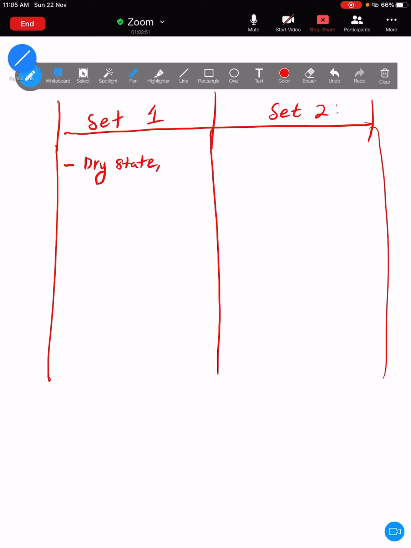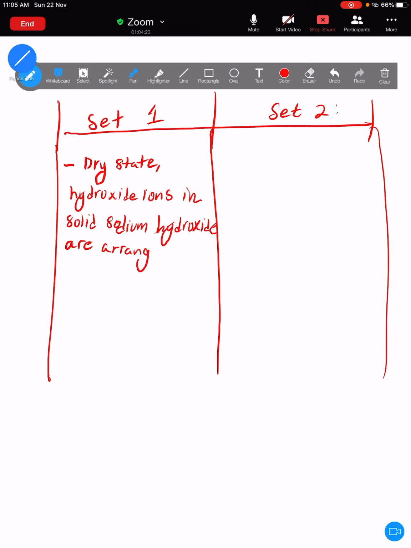Very good. In a dry state, very good. The hydroxide ion in solid sodium hydroxide are arranged closely, orderly, at a fixed position.